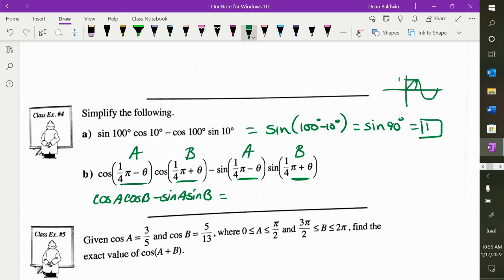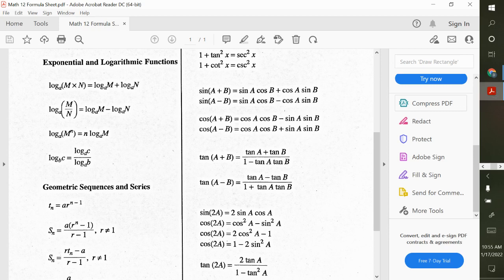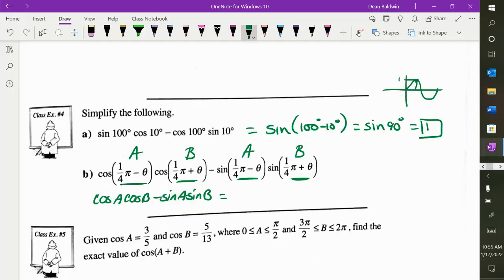Third one. Cos A plus B. Does everybody see that? Yeah. It's this one right here. So that equals cos of A plus B. So we go cos of A plus B. What's A?